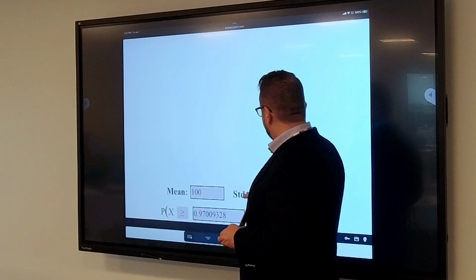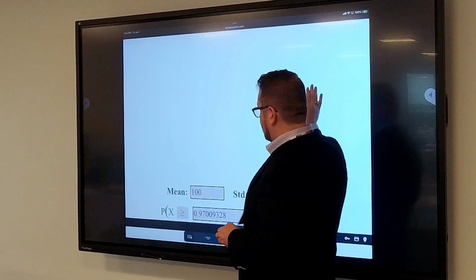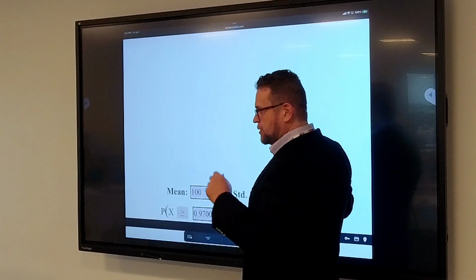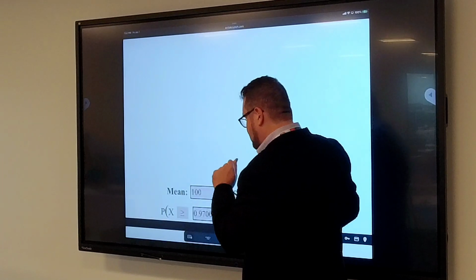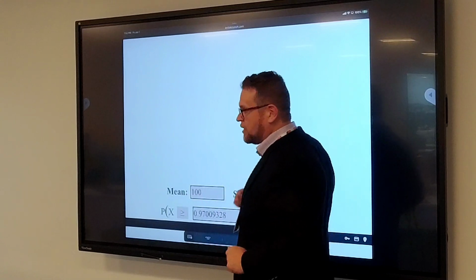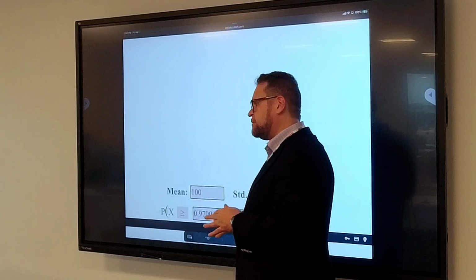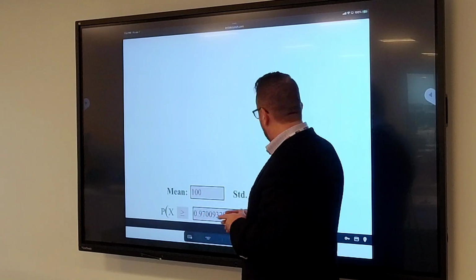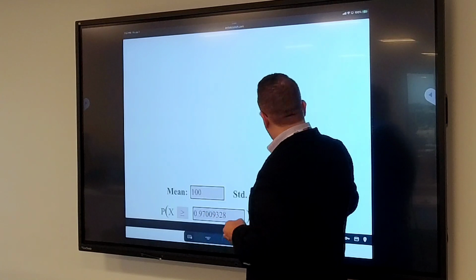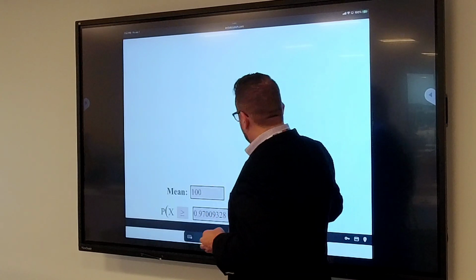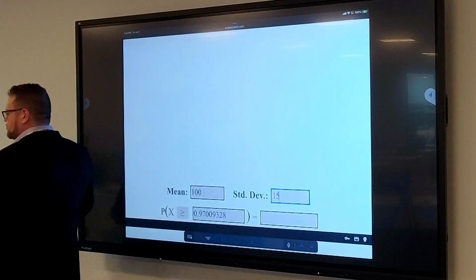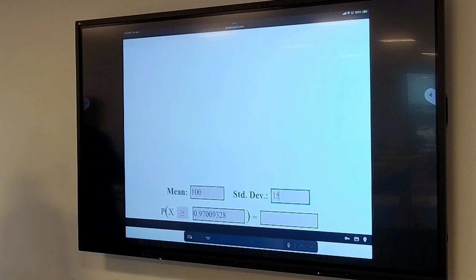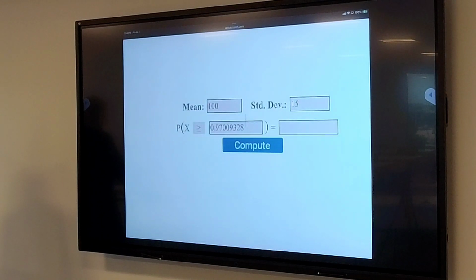I would have to say 80 minus 100 over 15, and it would give me a z-score. I could then put that z-score into the standard normal curve right here, because that's where z-scores go. But since I'm able to dictate what the mean and standard deviation are, I don't have to do that process. I can just come down here and type 80.